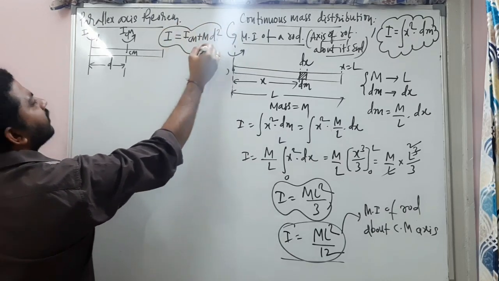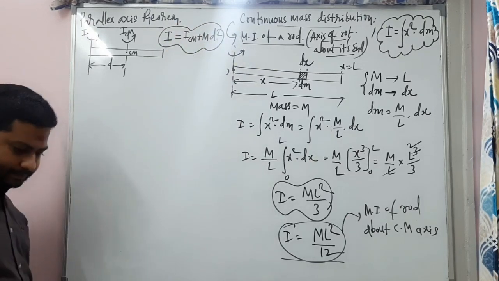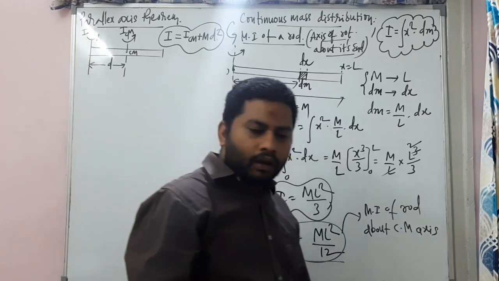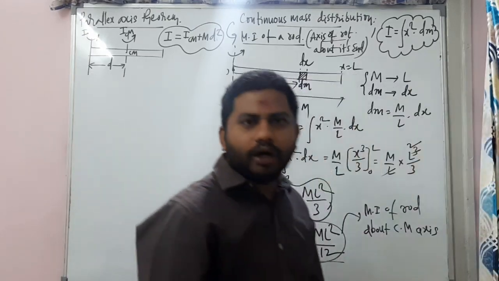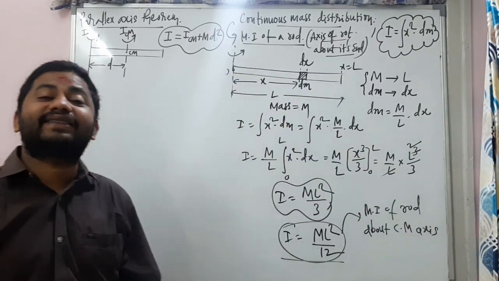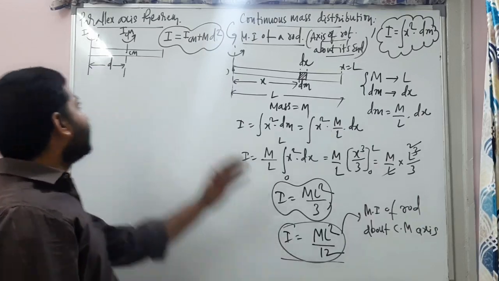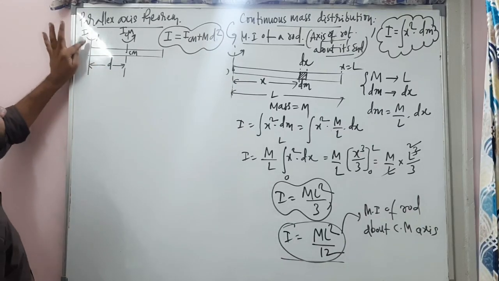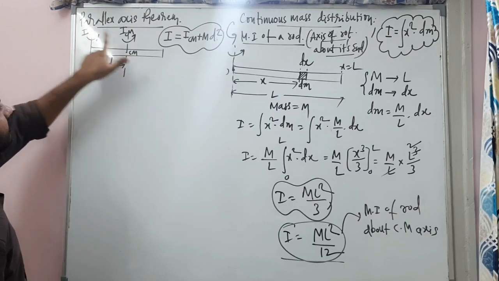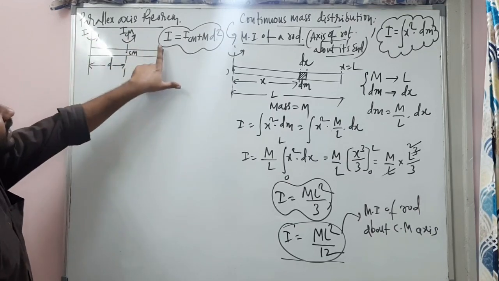Observe, everybody. Moment of inertia of the rod about any axis of rotation. Carefully observe, not only here. This axis may be here, this axis may be here, this axis may be the other end.